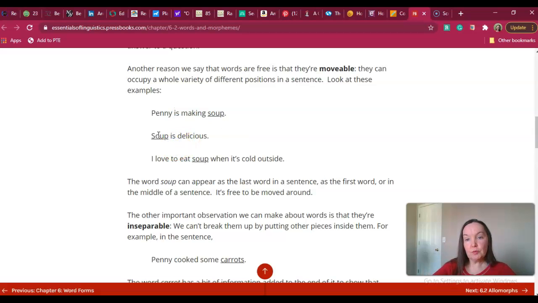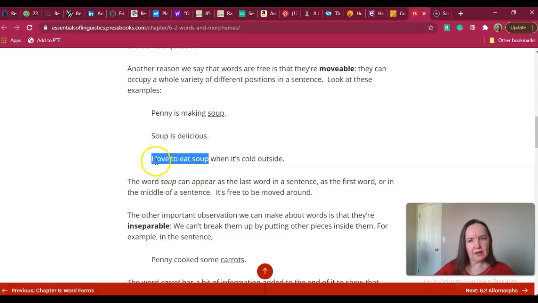Okay, soup is delicious. Soup is our subject. Is is the verb. But in this case, delicious, the adjective, is really referring all the way back to the subject, describing the subject in some way. So that's another type of sentence we might see in English. And I love to eat soup.